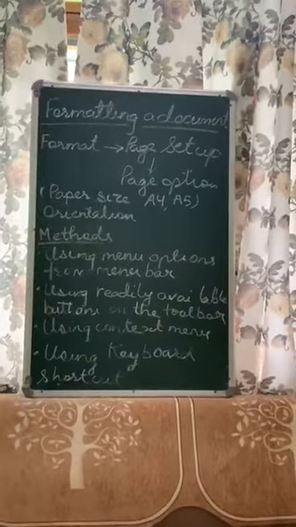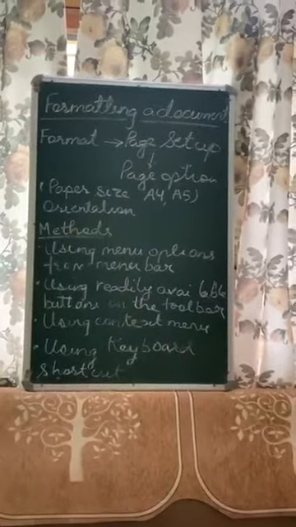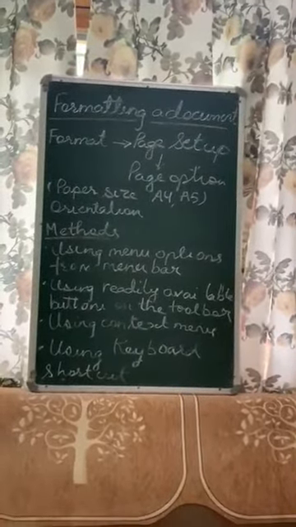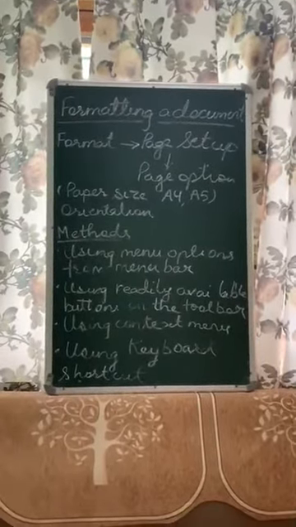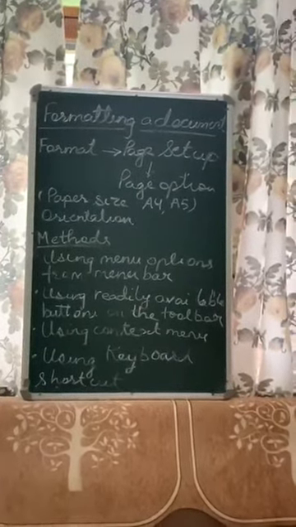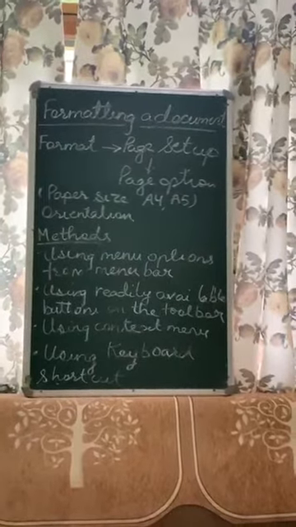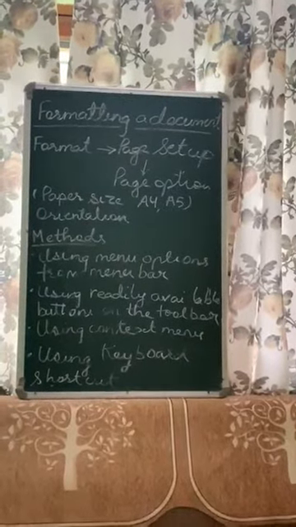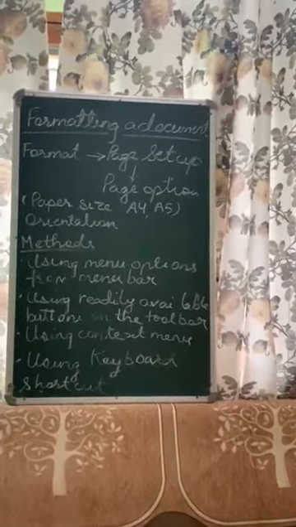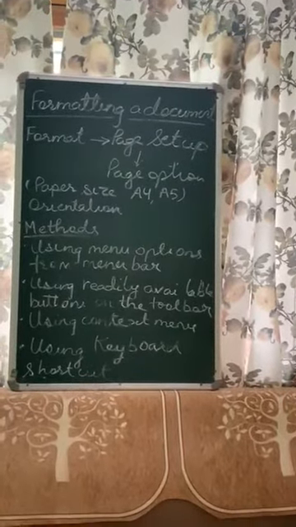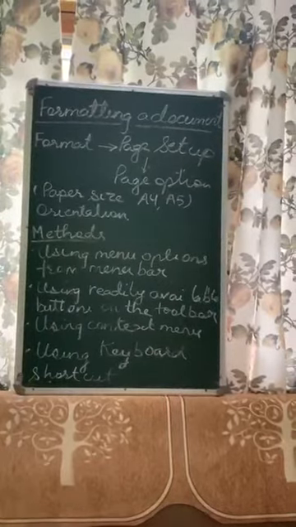In order to format a document, whenever you open LibreOffice, you will go to the Format option above on the menu bar. There you will find Page Setup, and in that you will find the Page option. The Page option will allow you to make changes in the paper size. Why do we need paper size here?